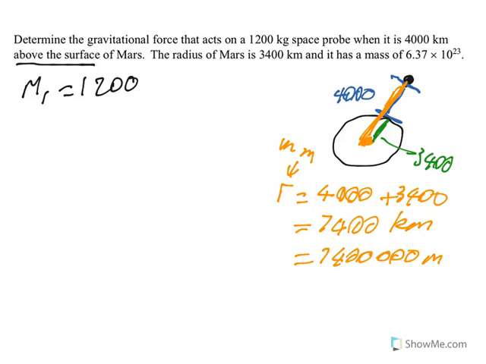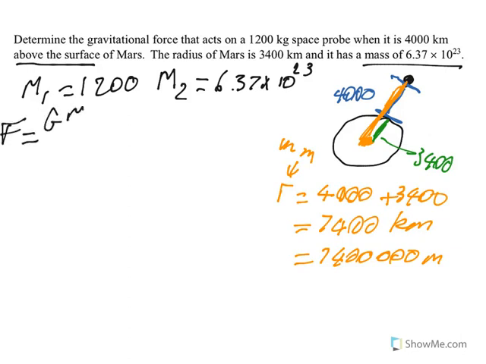Alright. The other thing that we need is another second mass. And of course that's the mass of Mars, 6.37 by 10 to the 23. And now we use Newton's universal law of gravitation and put that in our calculator.